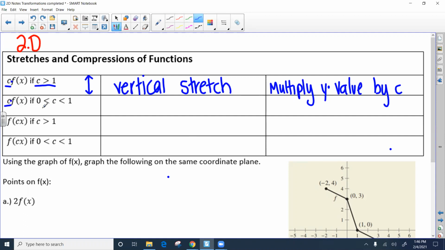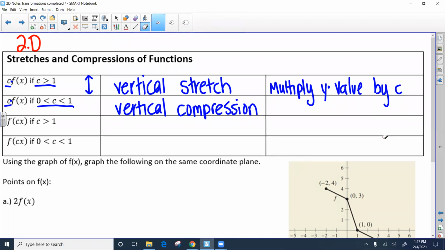The second one is still C on the outside. So C f of X. So it's still vertical. But the difference on this one is the C value. This expression says 0 is less than C is less than 1. This means C is between 0 and 1, so it's like a fraction or a decimal. So this one is going to be a vertical compression.